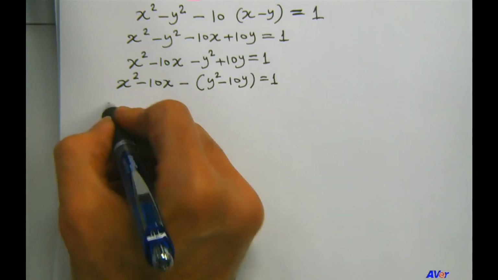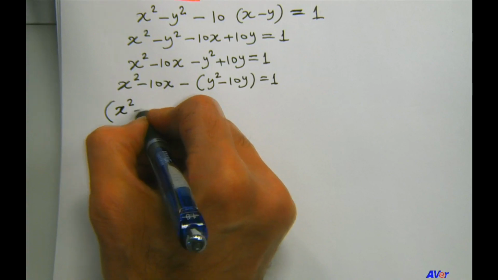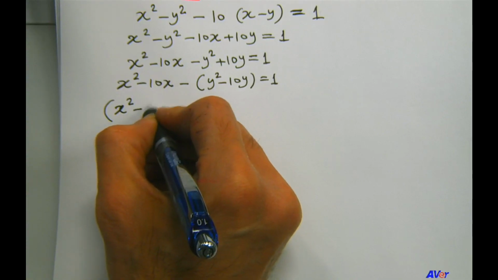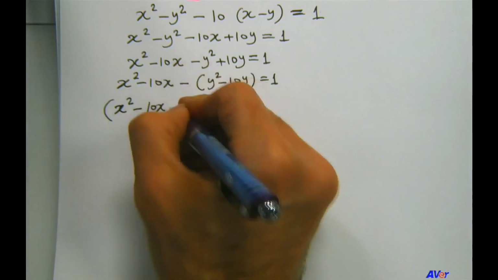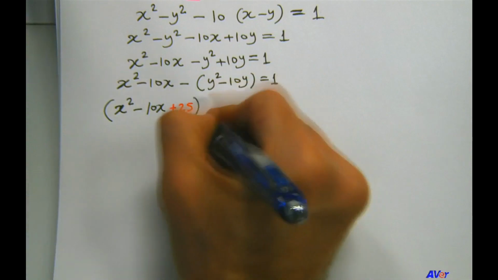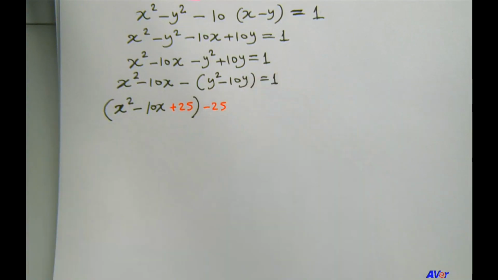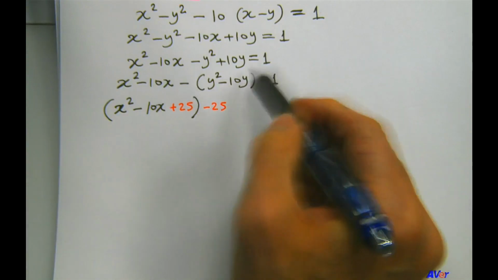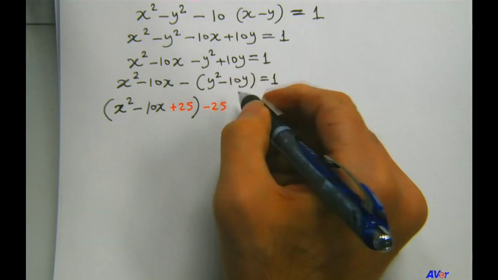For this one, we have x squared minus 10x plus 25 minus 25. Again, at the end of this video, I will do a review of this method of completing the square.